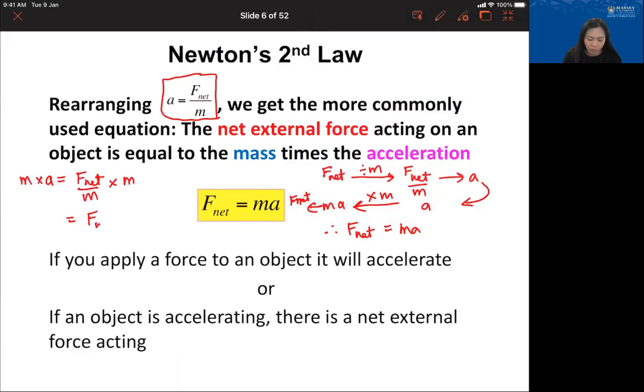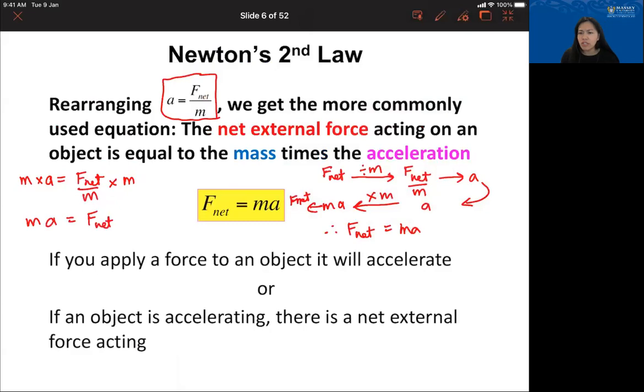And you're just left with F net on the one side, and whatever you do on the right side, you do on the left side. So if you multiply the right side with m, you have to multiply the left side with m as well, and you also get F net equals mass times acceleration. So you can do both ways of rearranging.